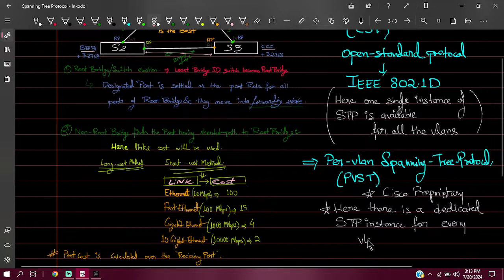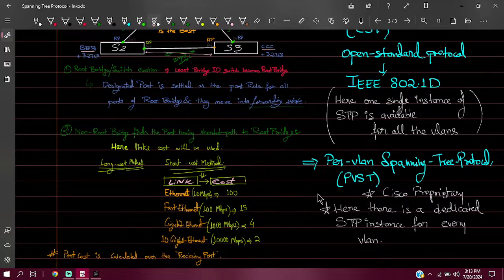What is there in Per VLAN Spanning Tree? See, Cisco always takes care of proper bandwidth utilization, ample amount of traffic that has to be free, right? Everything is taken care of within Cisco's environment. So Cisco has taken care that, okay, fine, if a single instance of spanning tree manages all VLANs, it is a very cumbersome task, and definitely an overload on the STP process of the spanning switches.